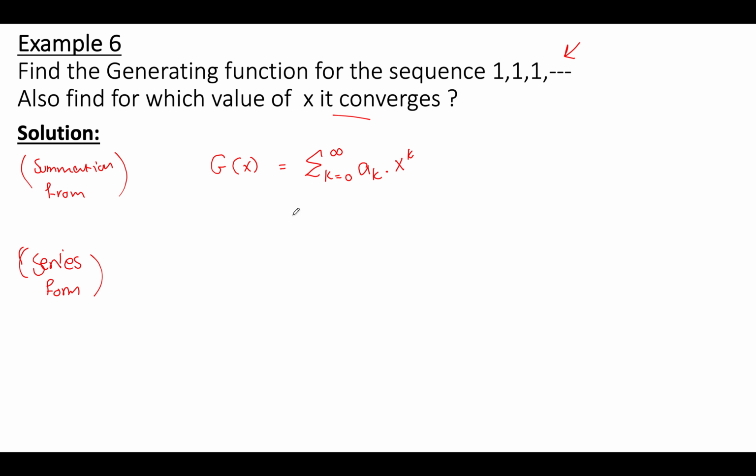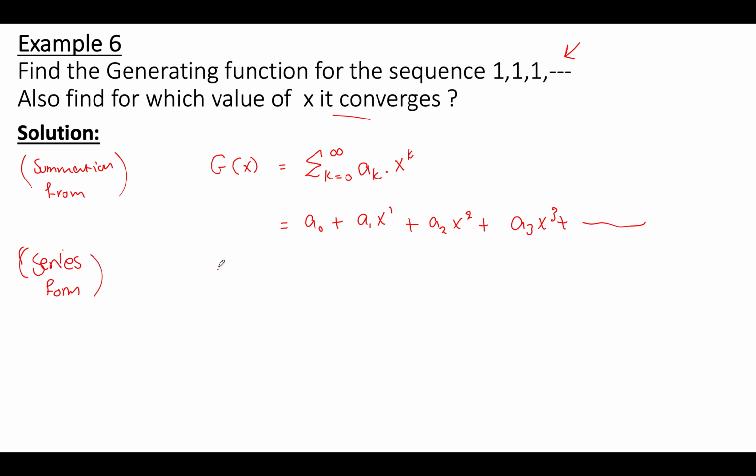Now if I just try to use this rule, I will get a0, a1 x to the power 1, a2 x to the power 2, a3 x to the power 3, and so on.